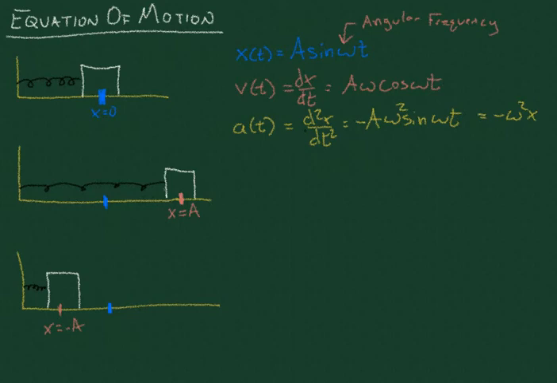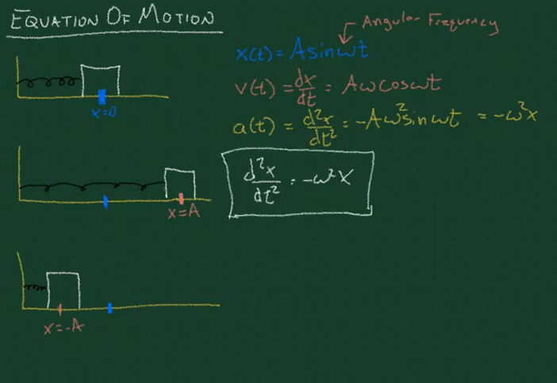Right? So in other words, the acceleration is just minus omega squared x. So we have d squared x dt squared equals minus omega squared x.